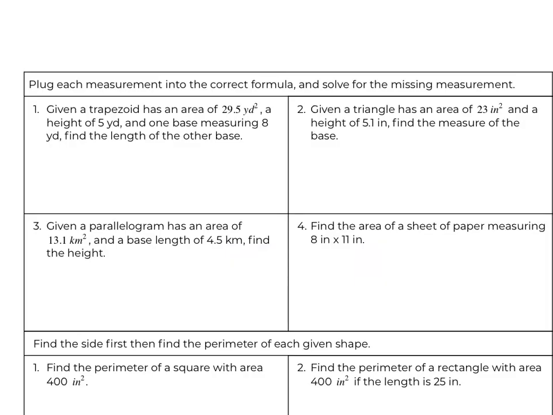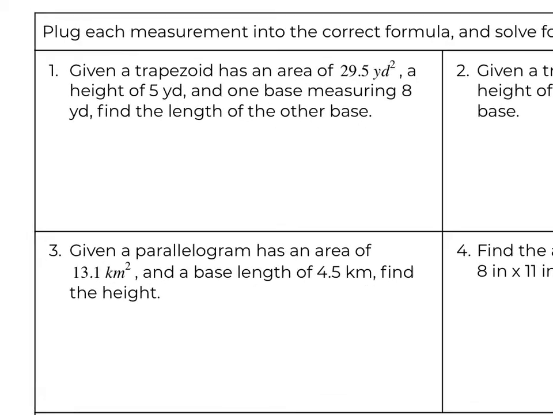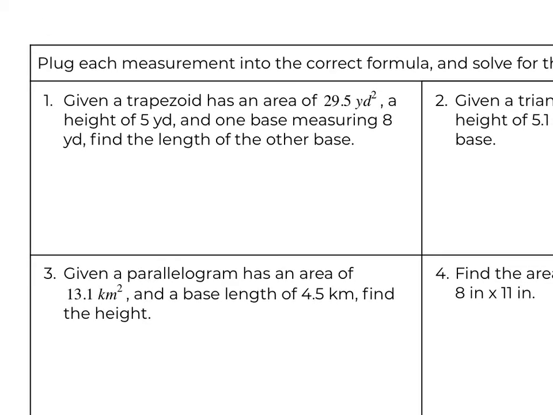Okay, these questions are a little bit different. We're looking at a set of information. We're going to plug in everything, all the measurements we know, into the formula, and then solve for what's missing. So this one says, given a trapezoid has an area of 29.5 yards squared, well, the formula for a trapezoid's area is 1/2 times the height times base 1 plus base 2.